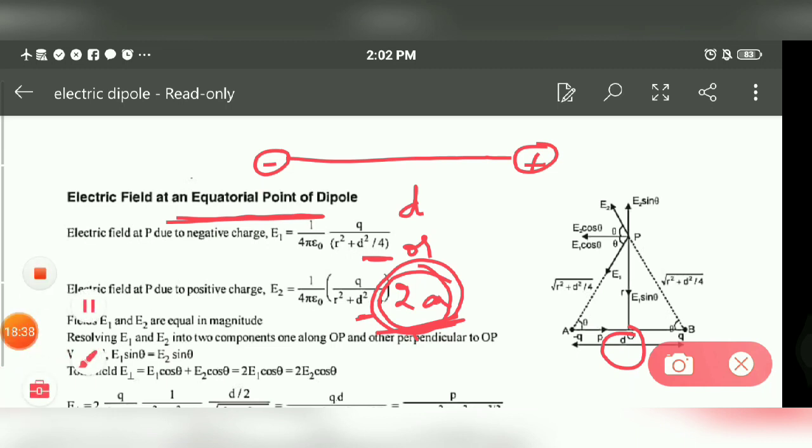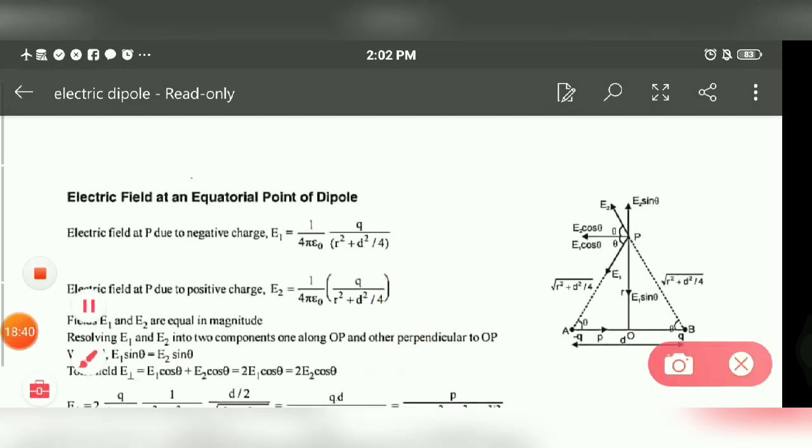So now we have to find what? Electric field at equatorial point. First of all, we consider equatorial point on equatorial plane.